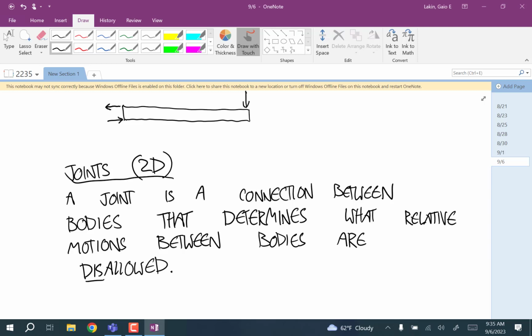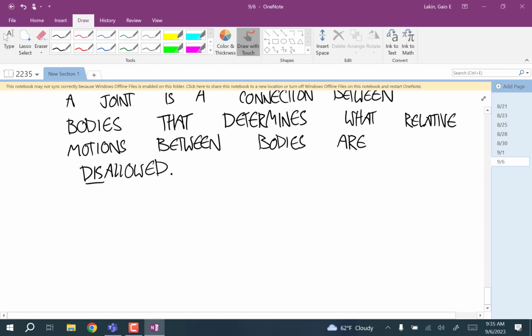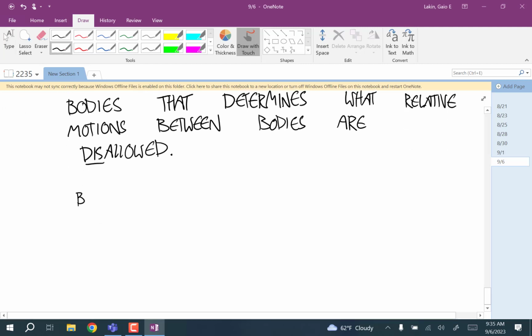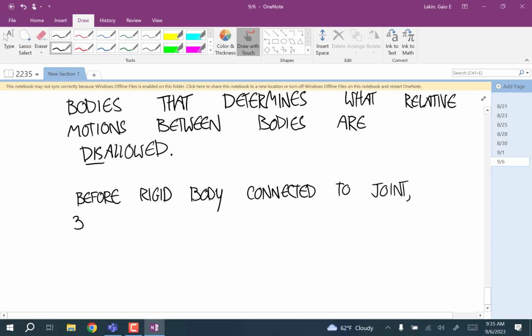So before a rigid body is connected to a joint, it has 3 degrees of freedom. That's because we're in 2D.